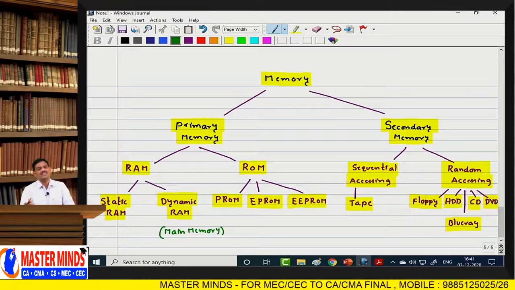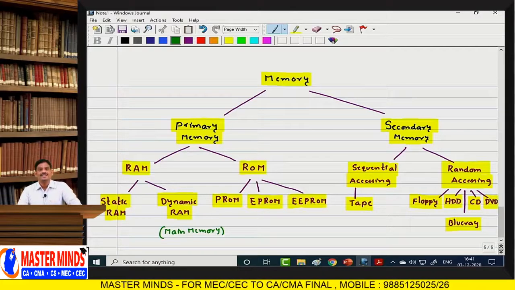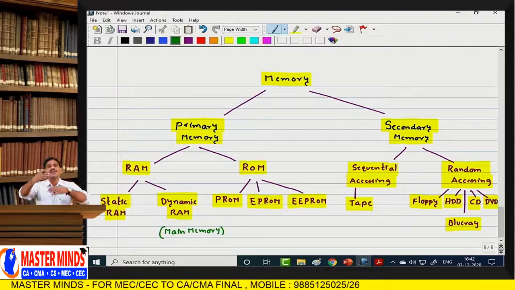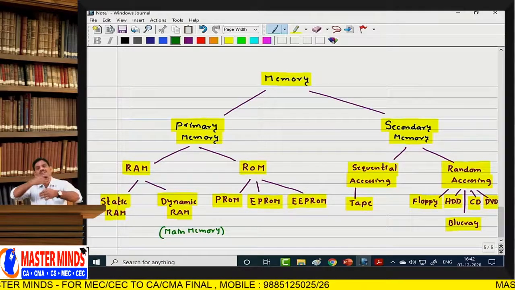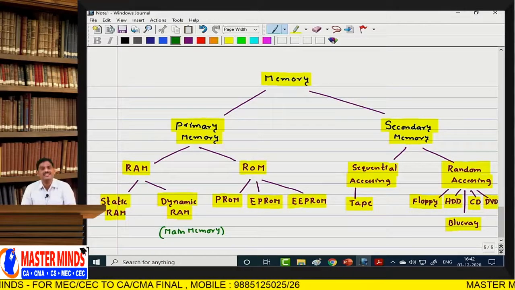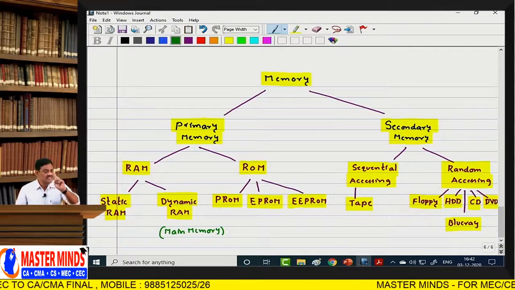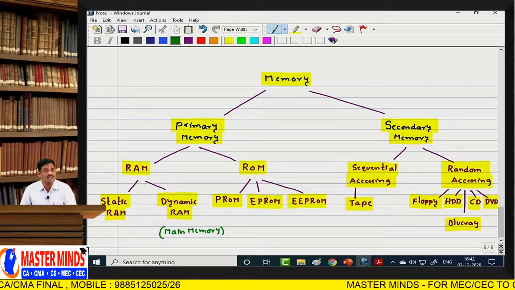What is the difference between static and dynamic? Static means fixed. Dynamic means continuously changing. You need to refresh the circuitry again and again to hold the content. That is called dynamic. If there is no need to refresh the circuitry, that is called static RAM.